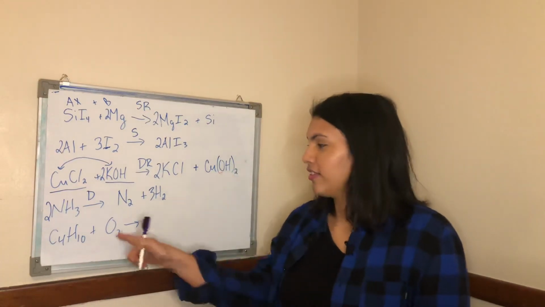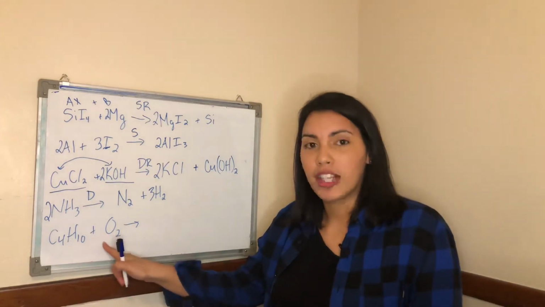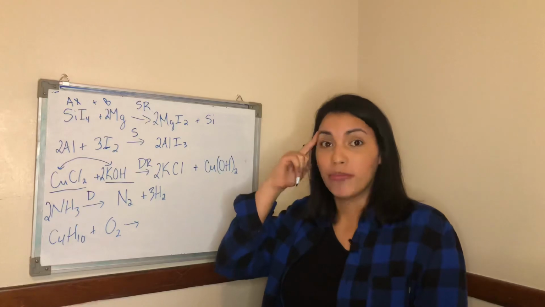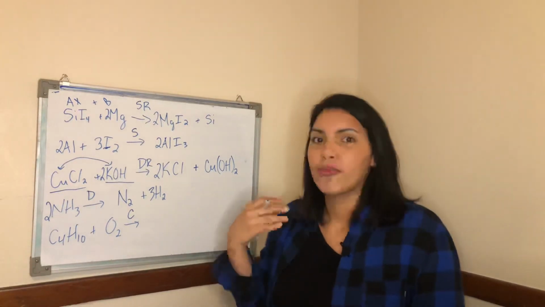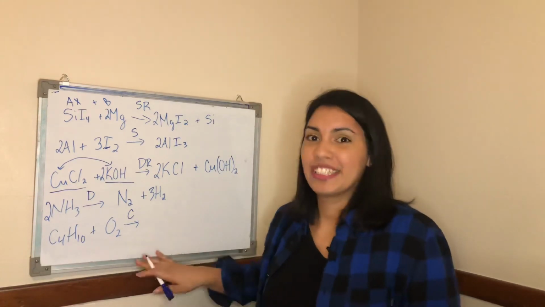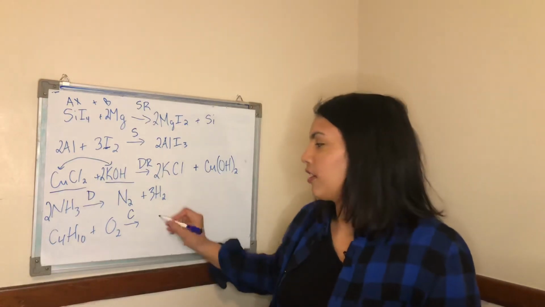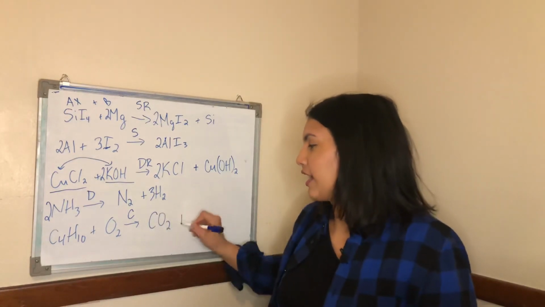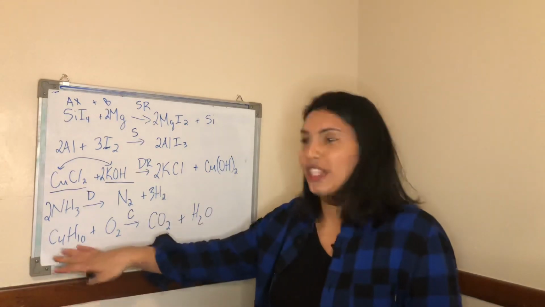Why? Oxygen is there. So if I have an oxygen, automatically your brain needs to say combustion. So this is combustion, okay? The products are always the same for combustion. That's why this is the easiest one, I think. Okay, so combustion will always end up with carbon dioxide and water. I don't even have to look at it, okay?